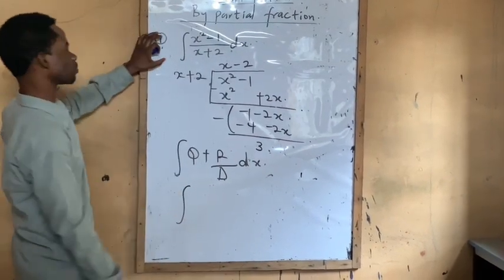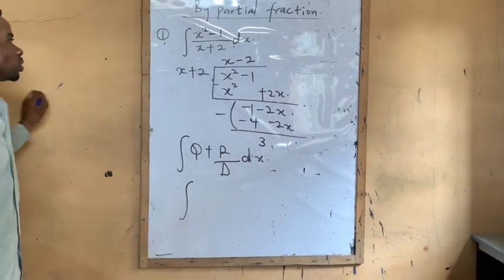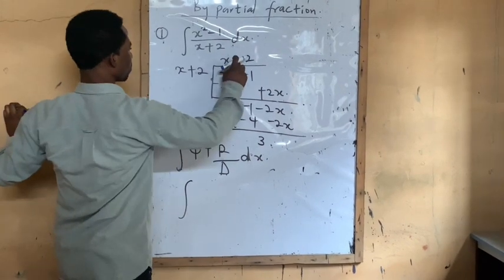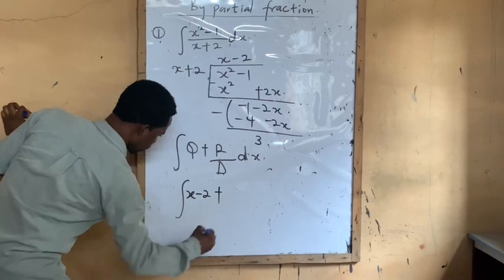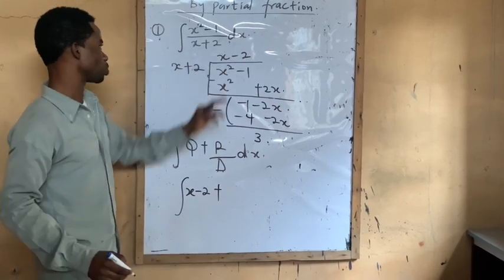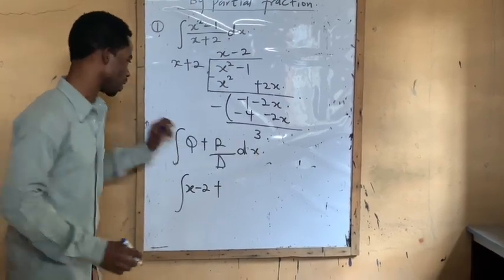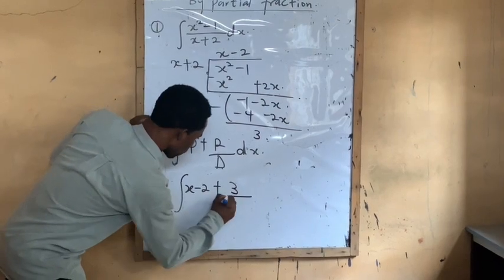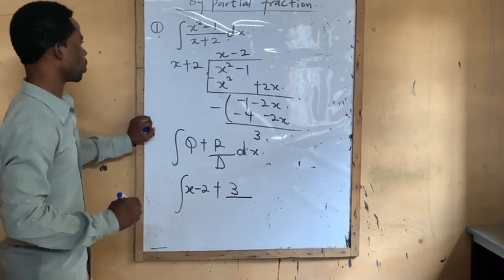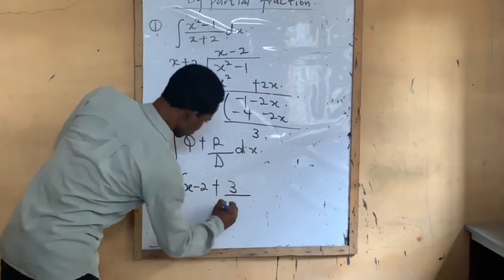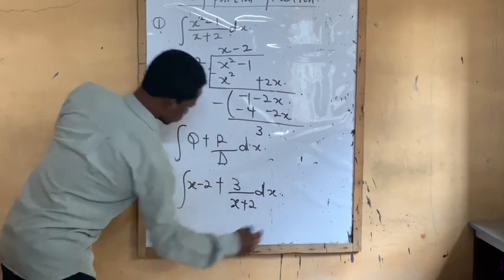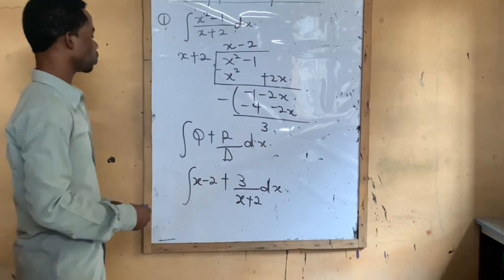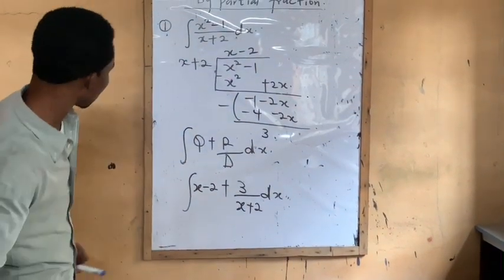From these equations given, that will be x minus 2. What's my remainder? My remainder is 3 all over the divisor. The divisor is x plus 2. So this is what we just need to integrate now.